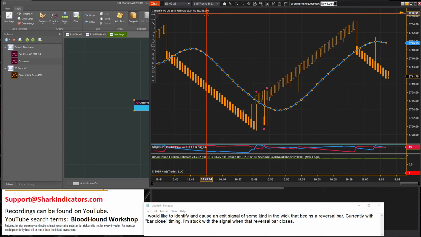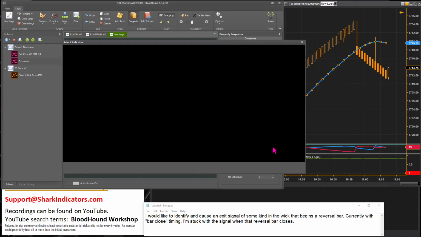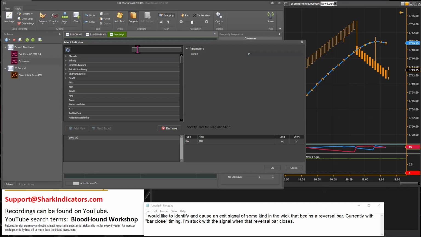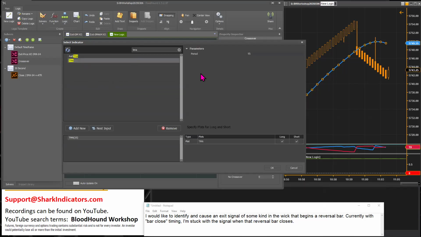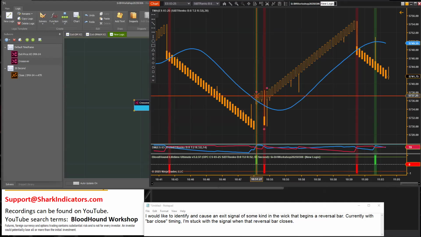And then input B will be our moving average here. What did I use? I did settle on a 30 period TMA. So input B will be our TMA there, 30 period. All right. So by using the high and low prices of the bar, we can actually see these signals here.